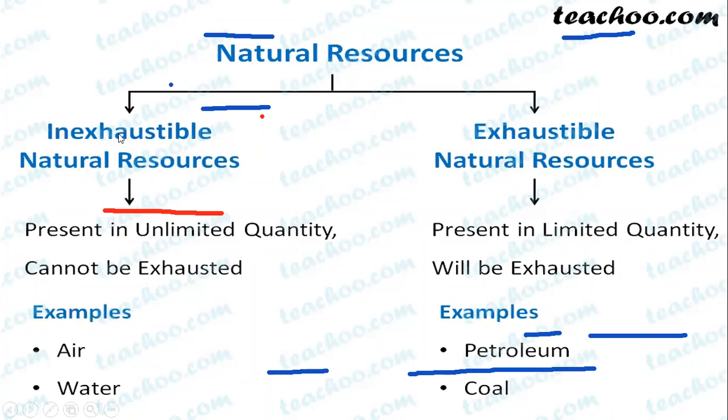Inexhaustible natural resources are those natural resources which are present in unlimited quantity. You are getting a bulk amount, it is unlimited and it will never be finished. It cannot be exhausted. For example, air, for example, water. So it is in unlimited quantity.